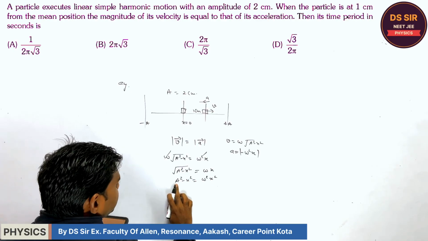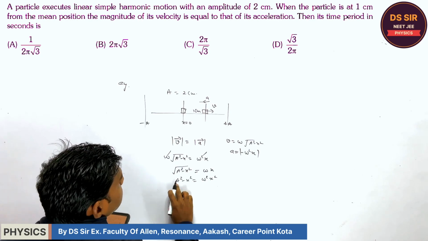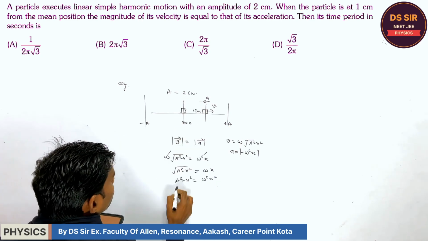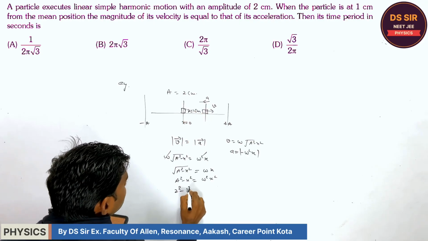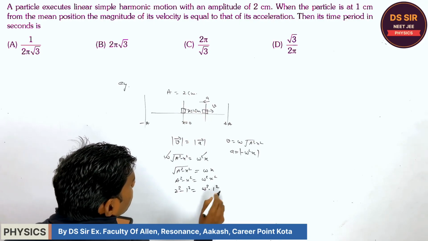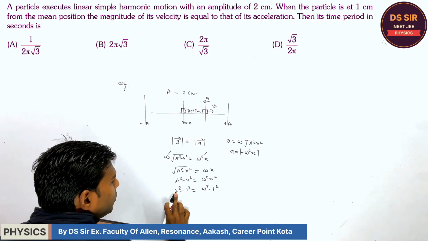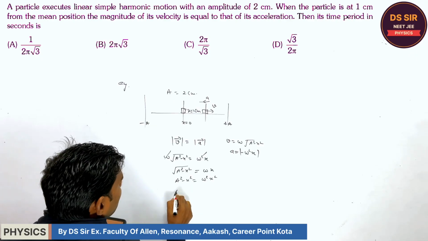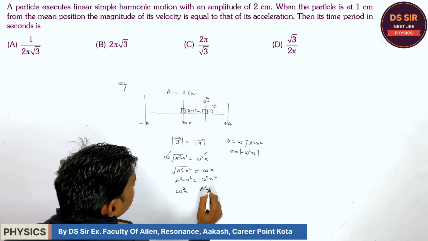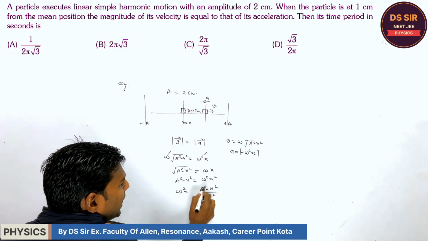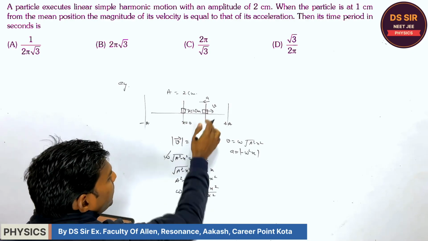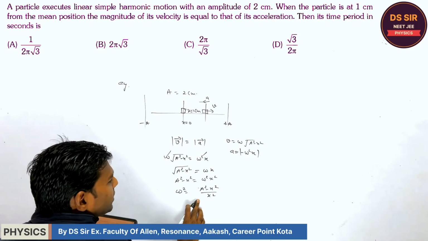What is a? A is 2, x is what? Say 1. Listen, I have put the value. Listen one thing, omega square is equal to a square minus x square upon x square. If you put a and x both in centimeter, it does not affect the unit.